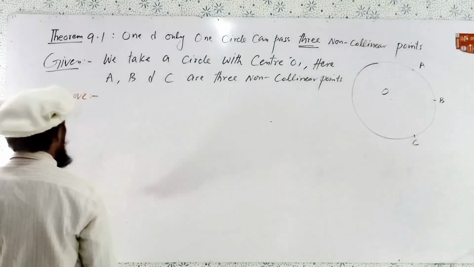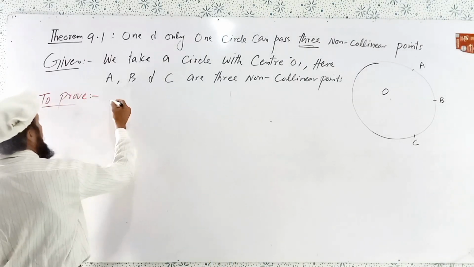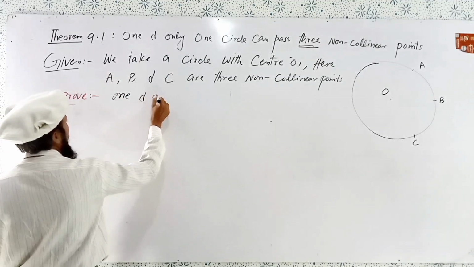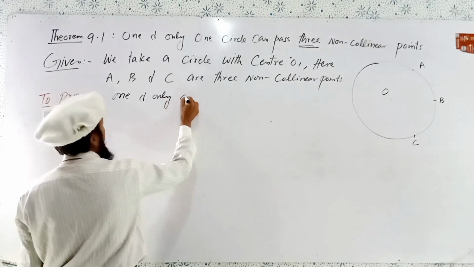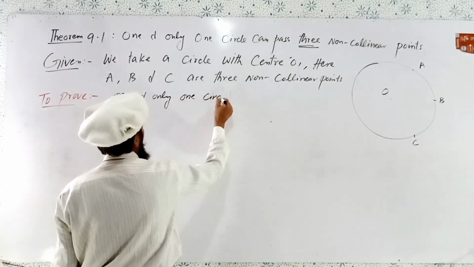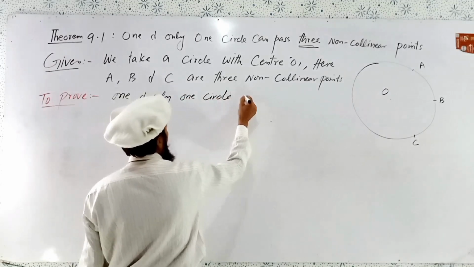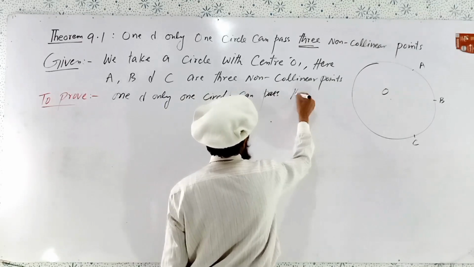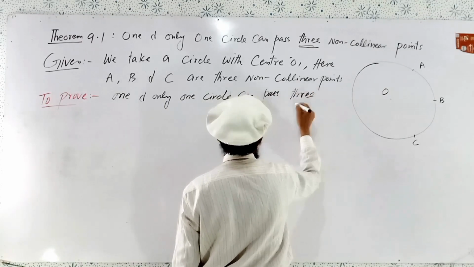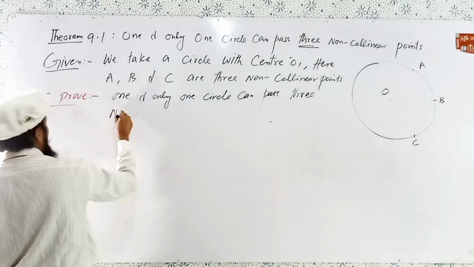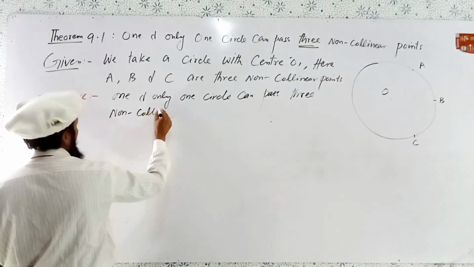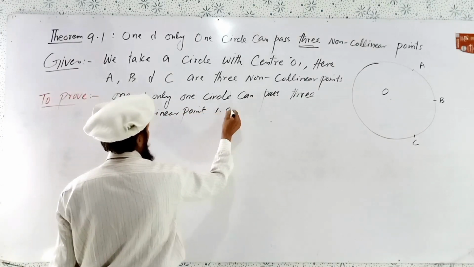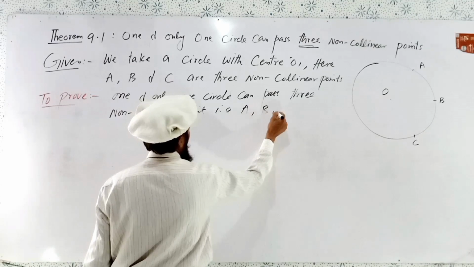So we can write: just one and only one circle can pass through three non-collinear points. These points are A, B and C.